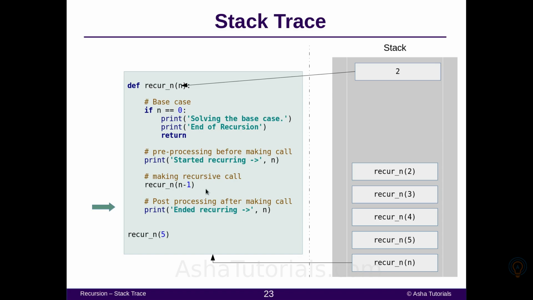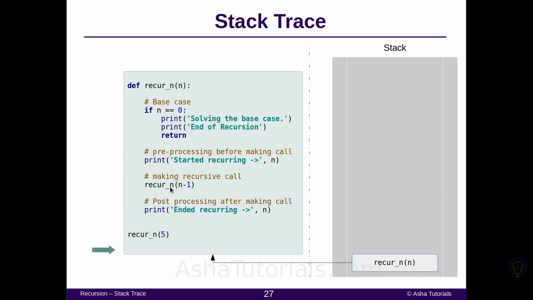Same way it will execute and return, and afterward it will end for recur values 2, 3, 4 and 5, and whenever all the calls have returned, it will return its final value, which is returned by the function.